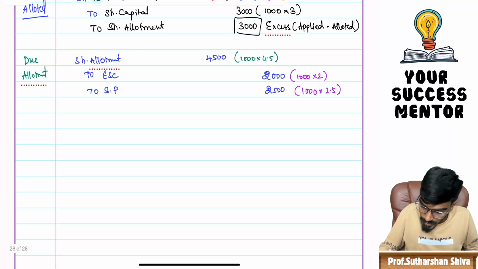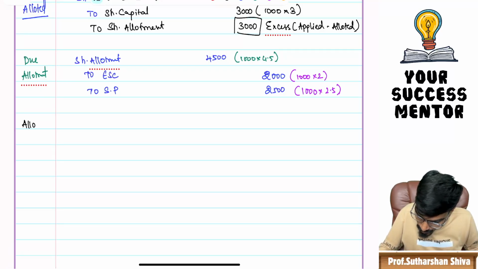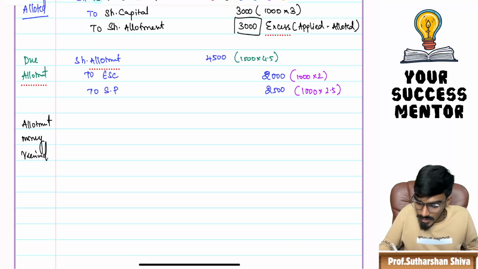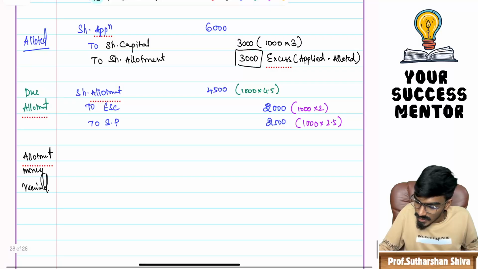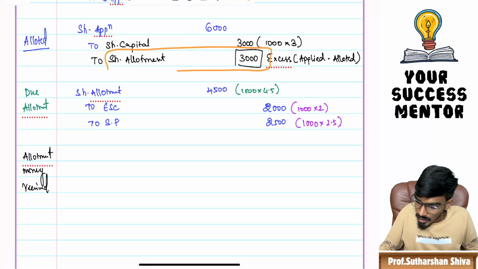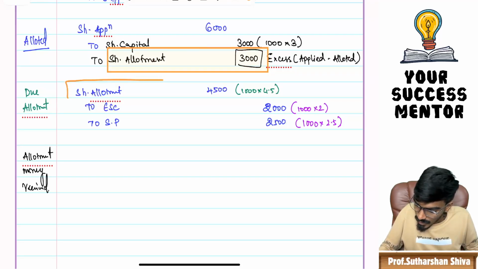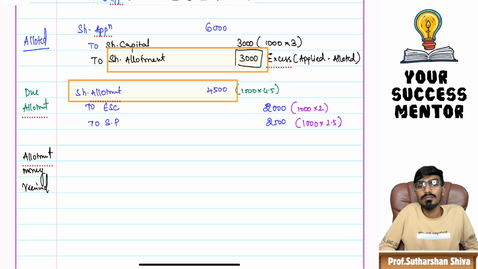Now comes the main picture. Allotment money received. What should be the allotment money to be received? Already in the allotment, how much am I having? 3,000, sir. Already in the allotment debit, how much am I having? 4,500, sir.